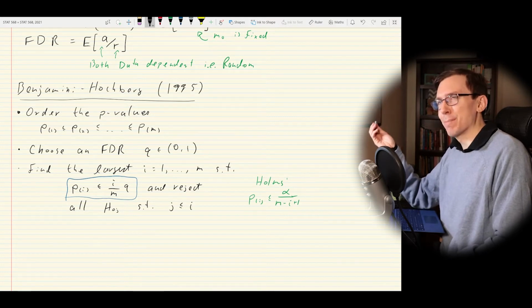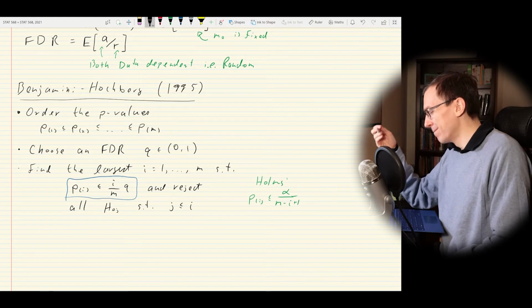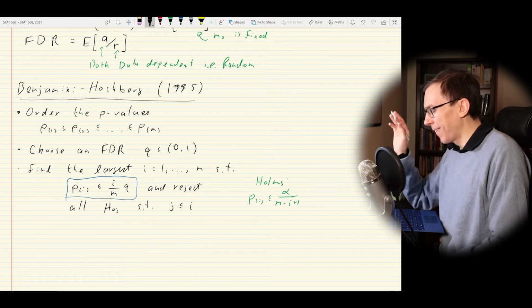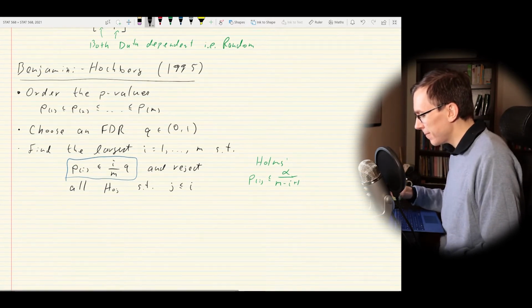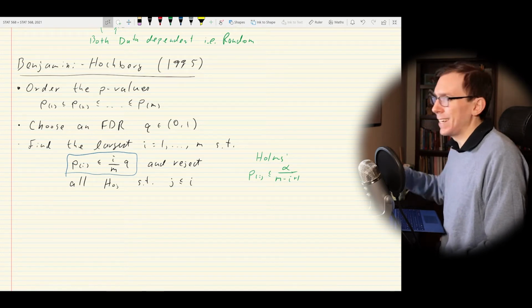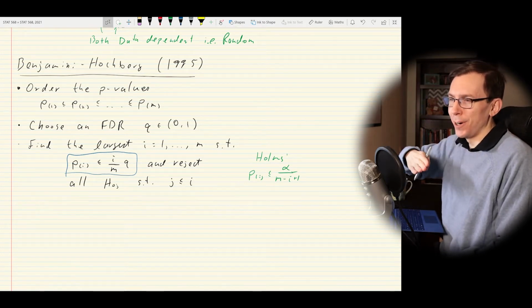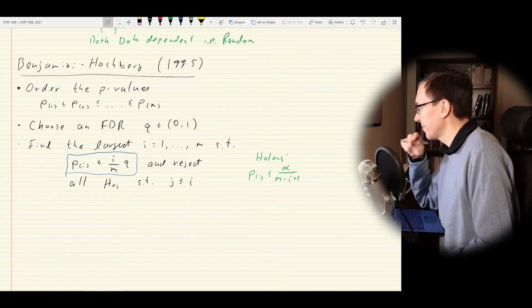I mean, there's probably plenty of wrong answers, like 1. You don't want to set it to be 1, because then what's the point? But otherwise, there's not a lot of wrong answers for Q. You just need to choose a good value for it. And then depending on how big or small, you're either going to reject more or fewer hypotheses.